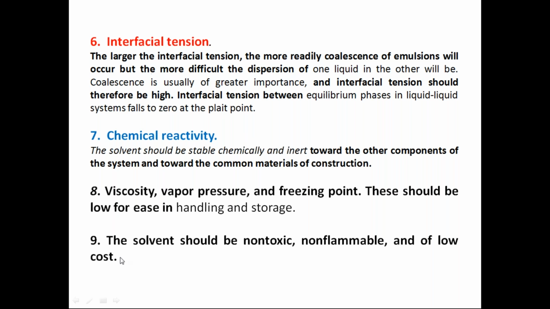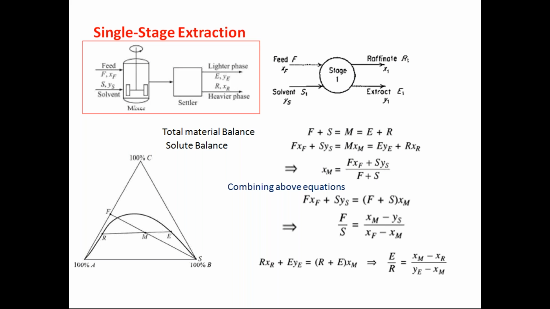So these parameters are to be carefully studied before selecting the solvent. Once you have a solvent and the solute which you are interested in separating from the feed solvent, you can adopt either single stage extraction, batch-wise, or a continuous mode.